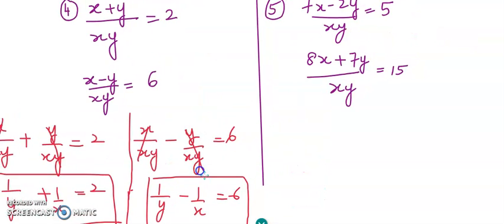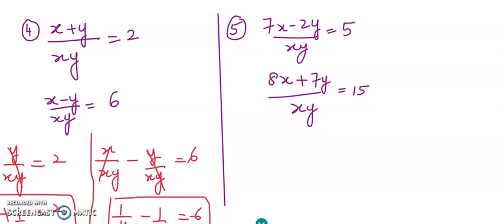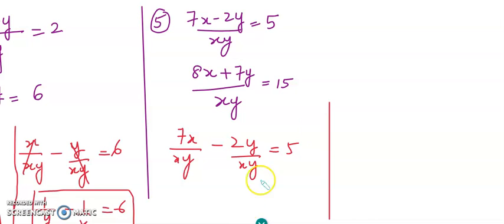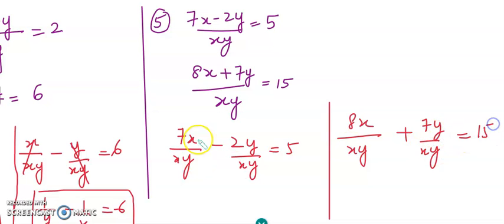Okay. Same way, on this side, again I have an xy in the denominator. So 7x upon xy minus 2y upon xy equals 5. And the other equation which I'll get here is 8x upon xy plus 7y upon xy equals 15. Okay, the x cancels, the y cancels. Here also the x cancels, the y cancels.